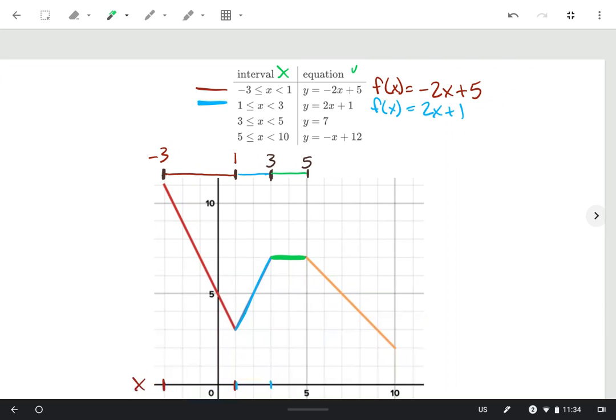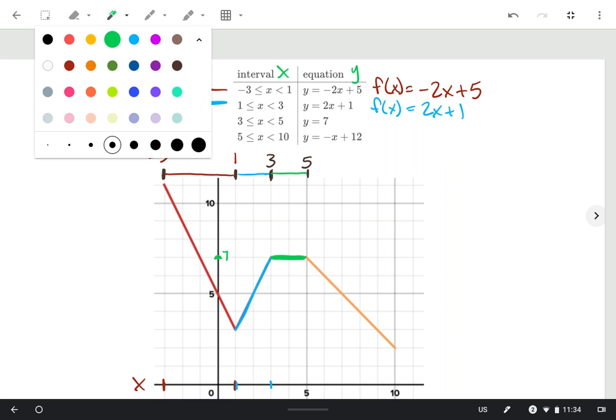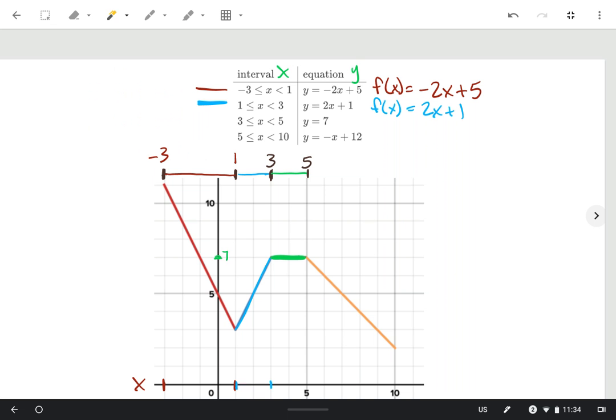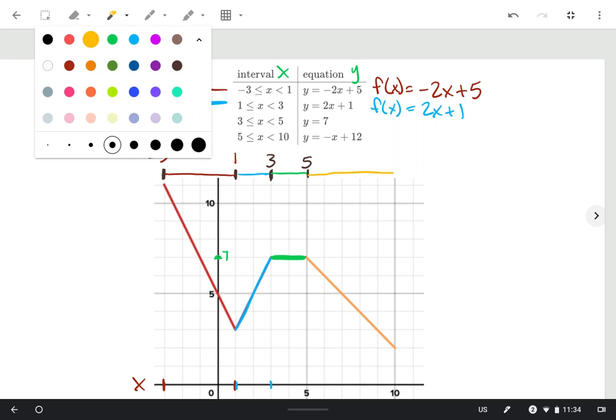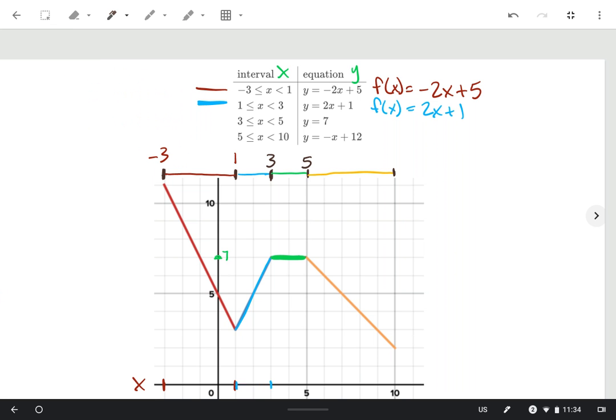The equation is talking about the y values, the actual graph. But from 3 to 5, the line stays at 7. That's what's coming from right here on the x. Then the yellow part of the graph begins at 5 and goes all the way to 10. And that graph is the graph of -x + 12. That's this line.